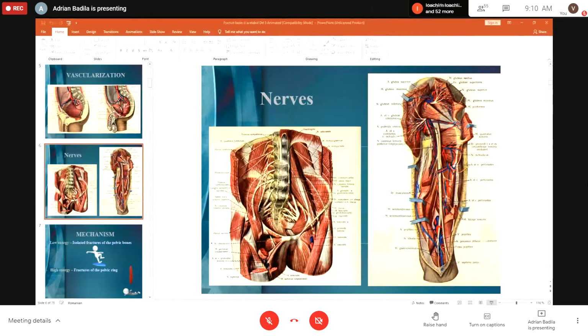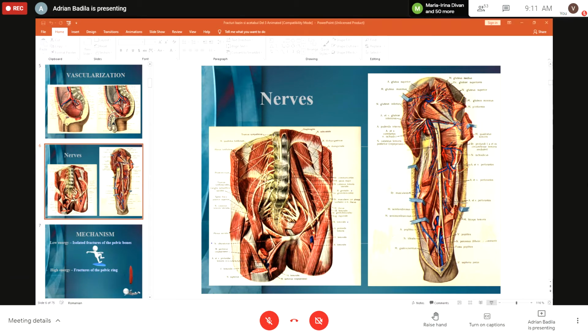A low energy trauma will lead to a fracture of the iliopubic and/or ischiopubic rami, an avulsion fracture of the anterosuperior iliac spines or anteroinferior iliac spines, or a fracture of the ischiatic tuberosity. It can lead to an isolated fracture of the sacrum, or a simple or comminuted fracture of the iliac wing.